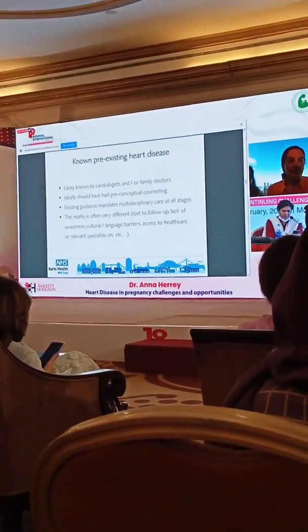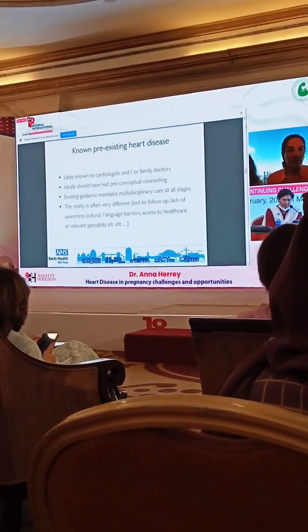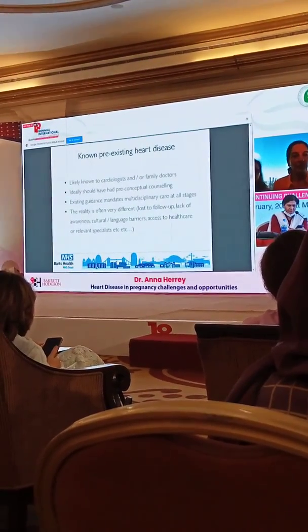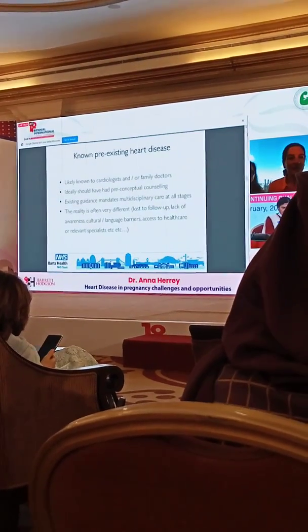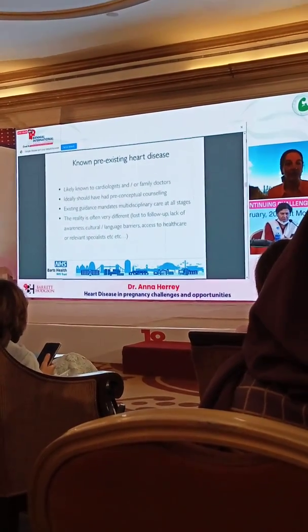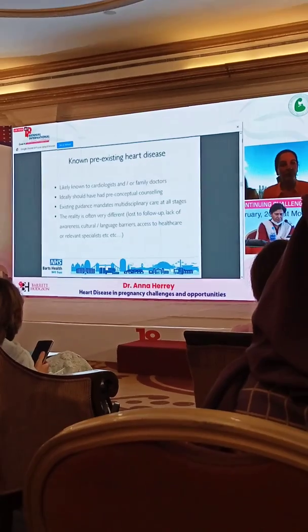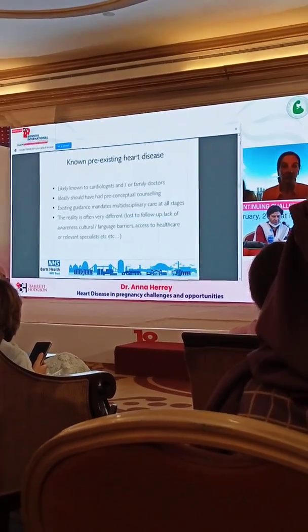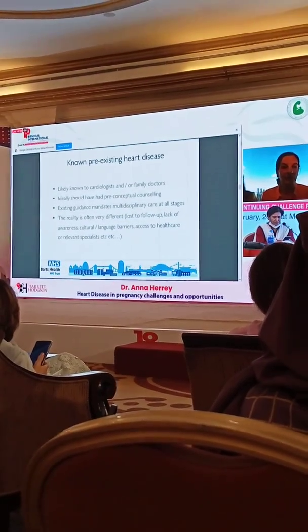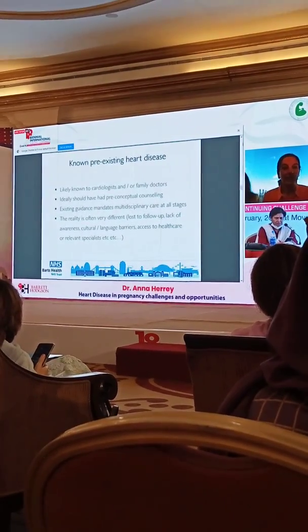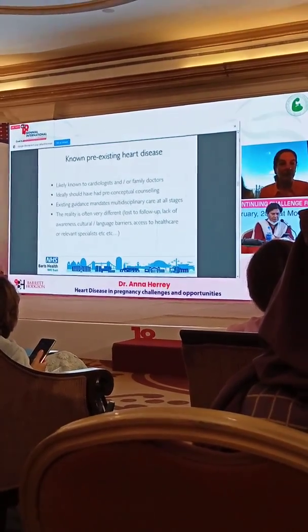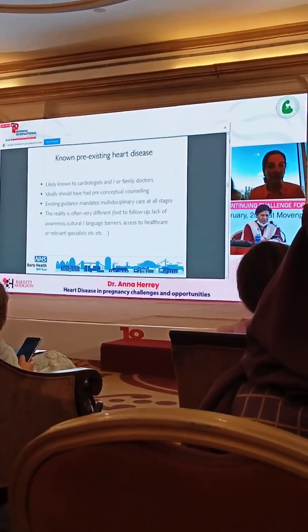Those with pre-existing heart disease, I don't want to go into much detail, but ideally they should have been looked after by the cardiologists, and the family doctors should have had some preconception counselling, but we all know that the reality is often very different, both at your end, but also ours. They may have been lost to follow-up, they may have no awareness that they should be seeing a cardiologist prior to falling pregnant.